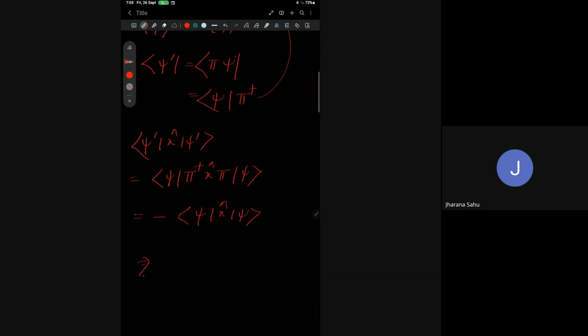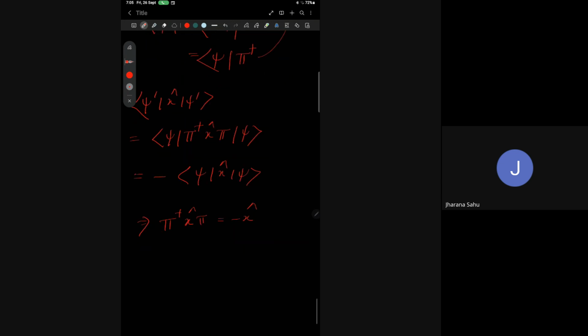So this implies pi dagger x pi will be equal to minus x. If I multiply by pi on the left, pi dagger x pi will be equal to minus pi x.